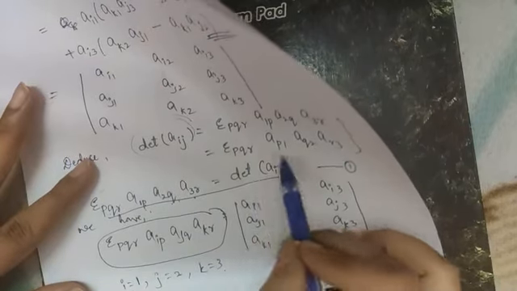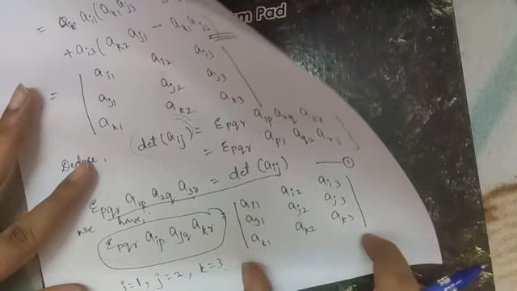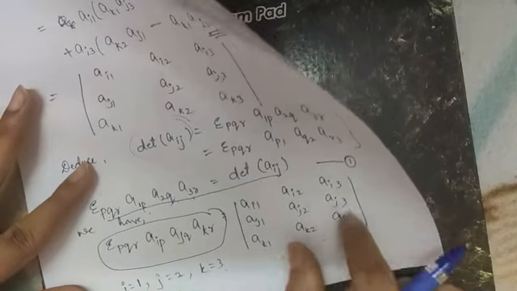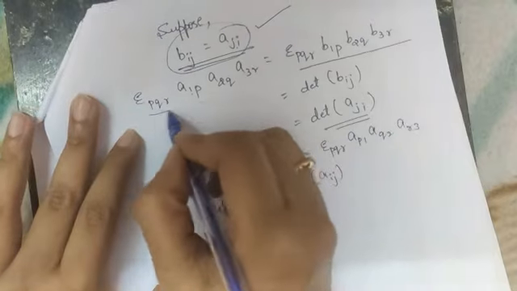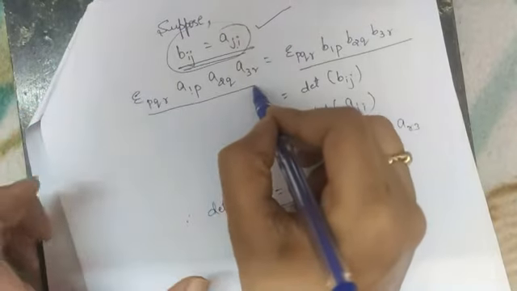So now we will assume that Aji is equal to Bij, and I will consider this LHS part.